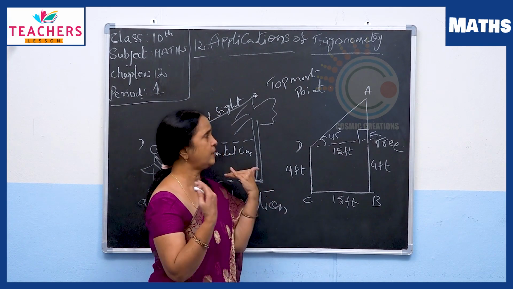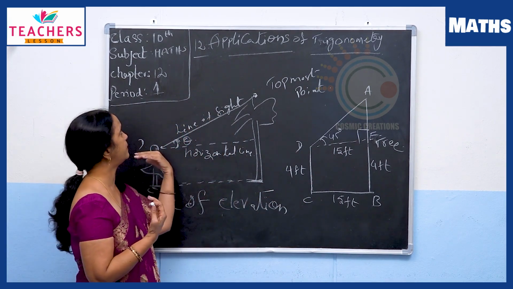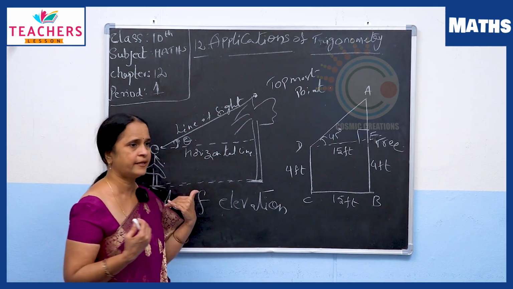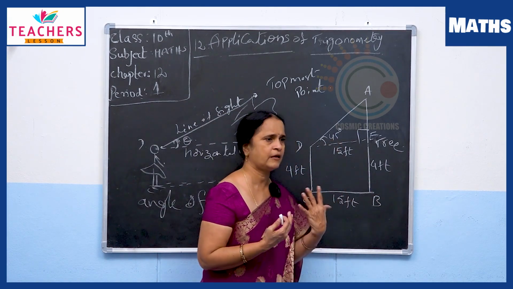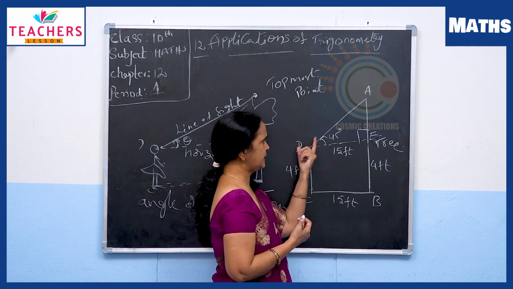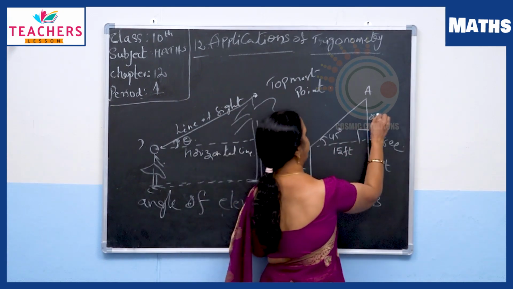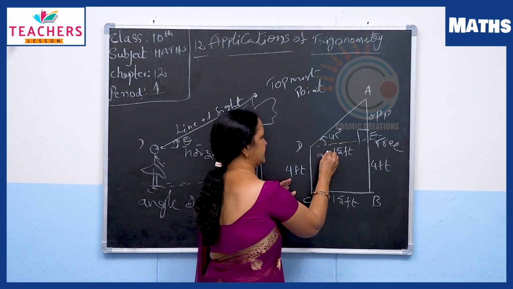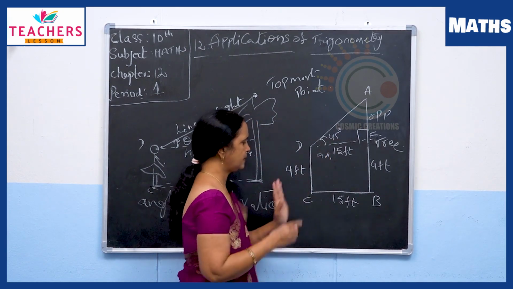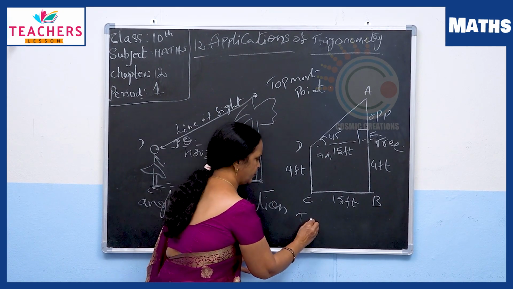As you have done a lot of problems from exercise 11 already in trigonometry, you know the values, tan 45, all those things. What is the relation of opposite to theta and adjacent to theta? This is adjacent to theta. What is the relation? Tan. Do you remember?